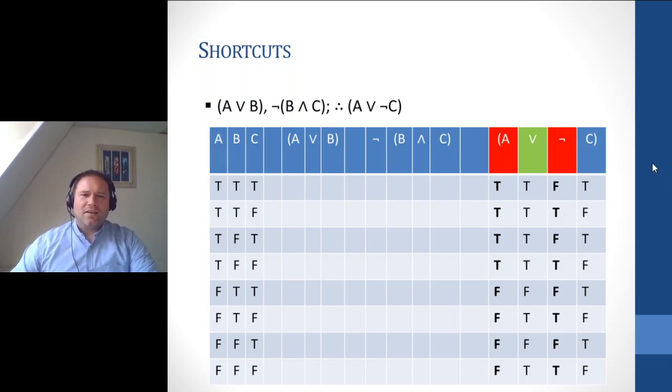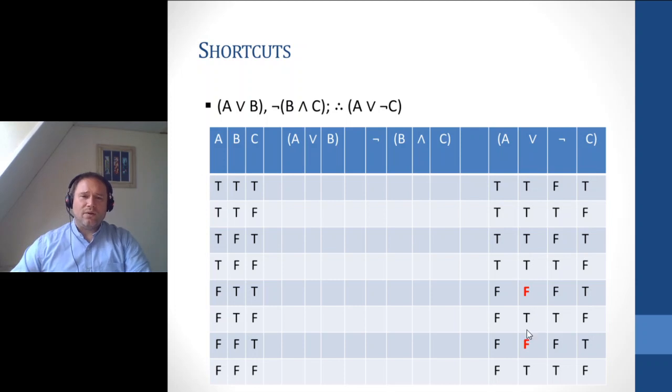Okay? Now, remember, what we're looking for is whether this argument's valid. And the way we assess it is by finding bad lines. So what we want to look at now are just the two valuations where our conclusion's false. Why? Because we'll know the argument's valid if there are no valuations where the premises are all true and the conclusion's false.